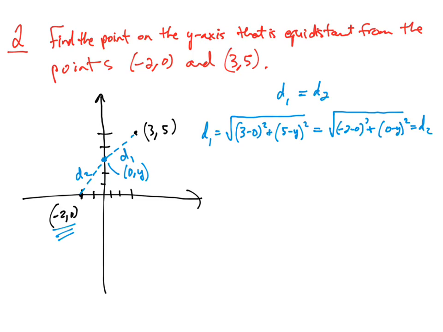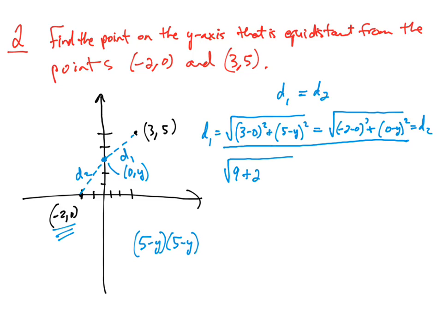So let's go ahead and solve this equation here. 3 minus 0 squared is going to be 9 plus, now 5 minus y squared is 5 minus y times 5 minus y. So multiply that out, we're going to get 25 minus 5y minus 5y plus y squared.